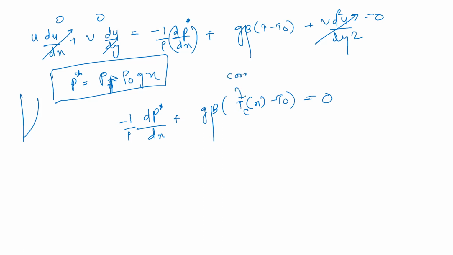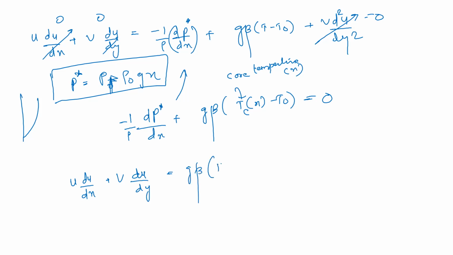That is actually assumed to be almost stable. It varies with respect to X slowly. Okay. So we can replace that in these equations to get U dou U by dou X plus V dU by dy is equal to g beta into (T minus T core of X) plus mu d square U by dy square. Okay.